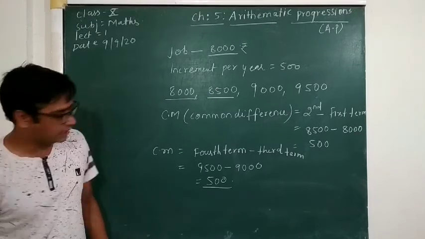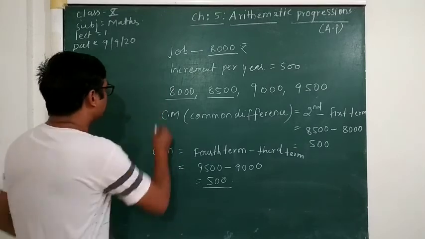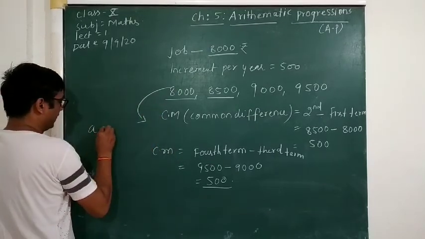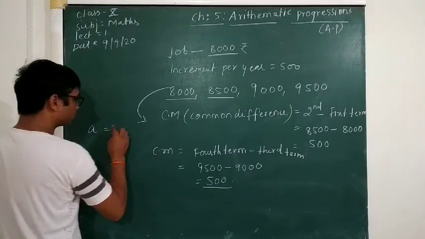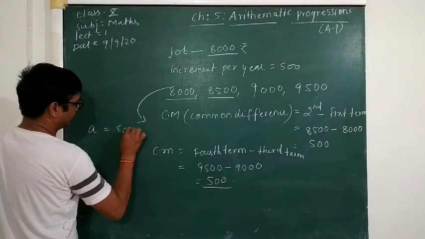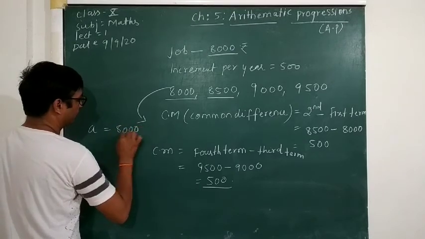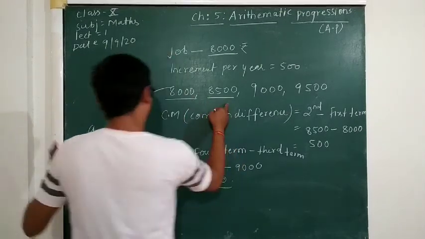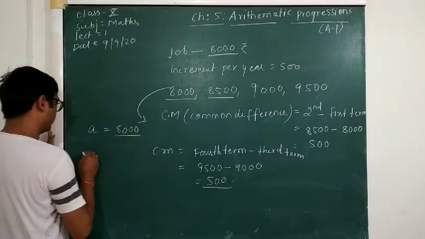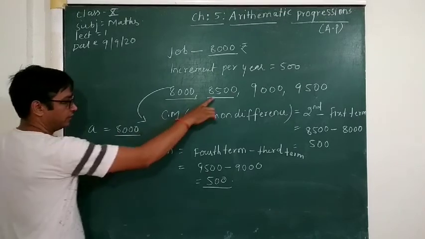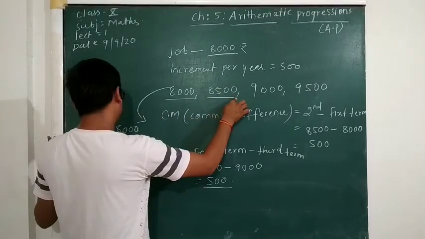Here the first data is denoted by A. So here we take 8,000 as A. Now we need to find D. D is equal to the second term minus the first term.